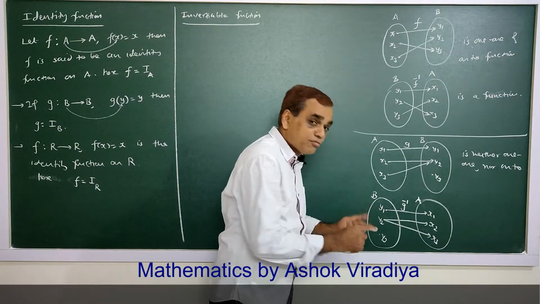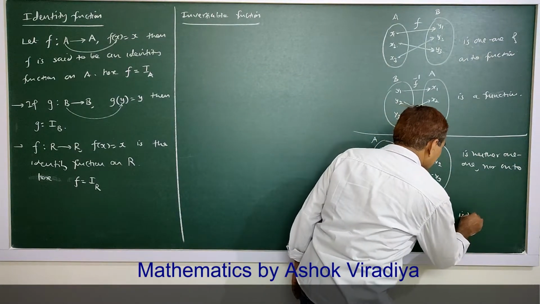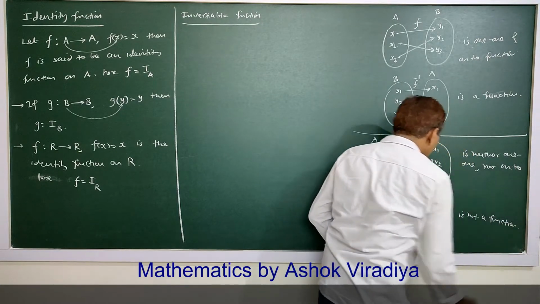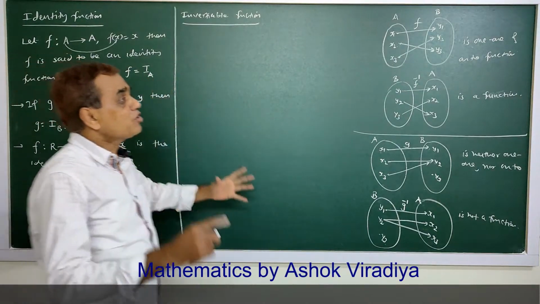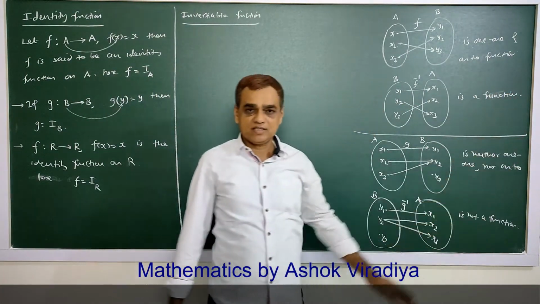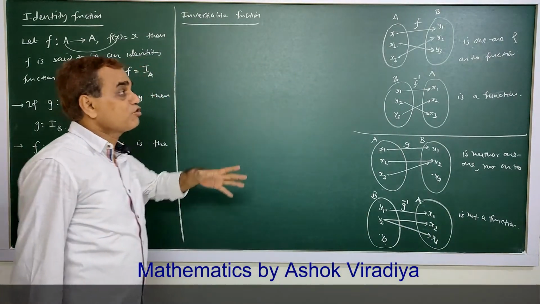So it's a relation but not a function. So g inverse is not a function. So remember, if a function is 1-1 and onto both, then its inverse exists. This is the practical meaning of inverse function.